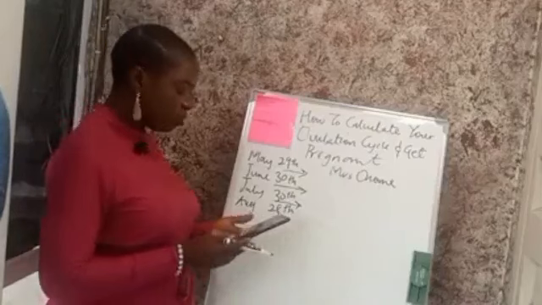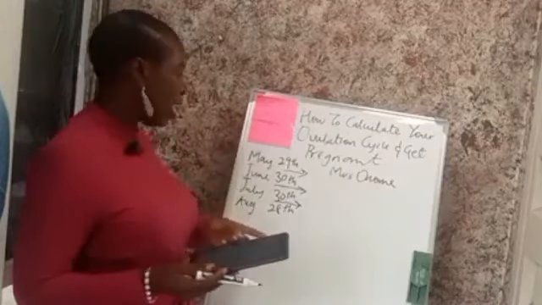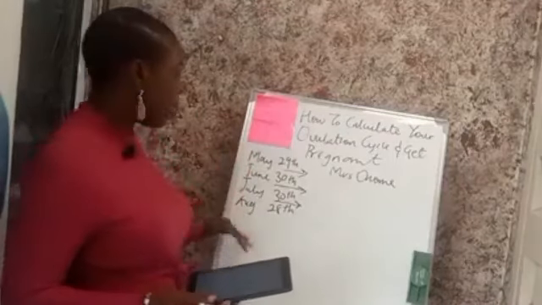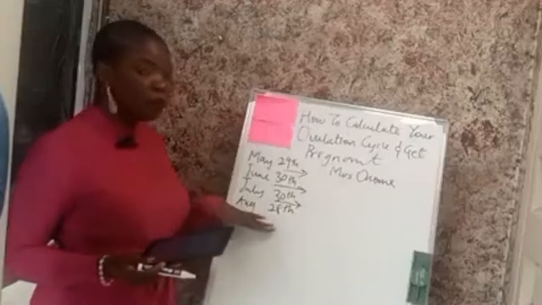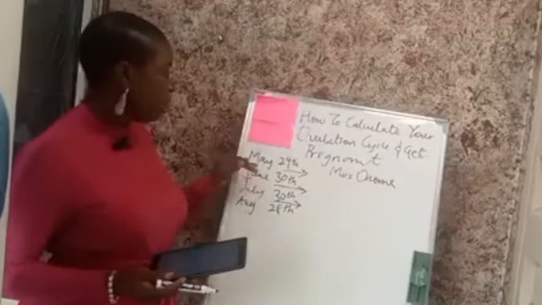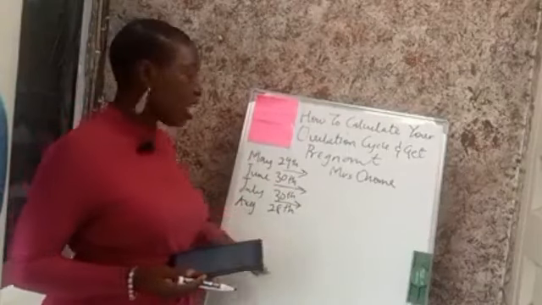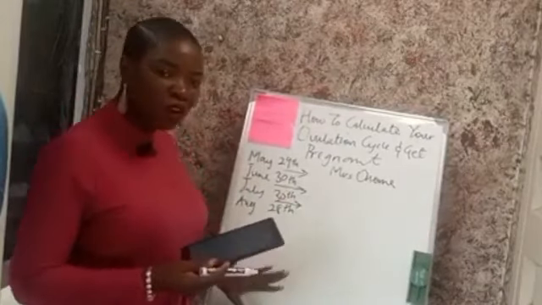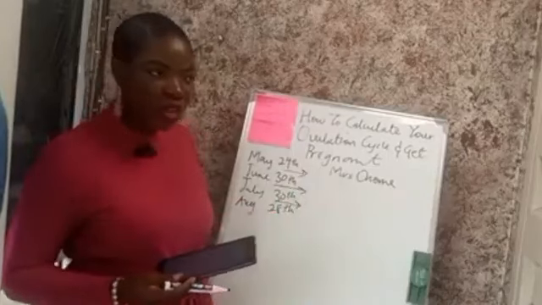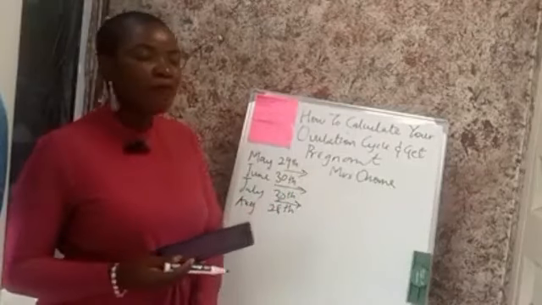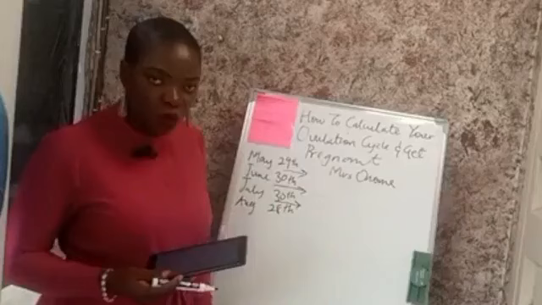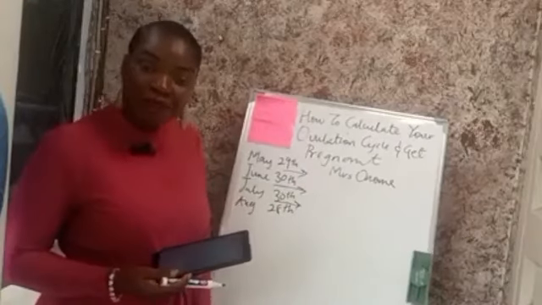So come with me. Like I said, you're going to go to your calendar. If you had your menses come this same way, in the same pattern, May 29th, June 30th, July 30th, August 28th, you will be ovulating the same day with Mrs. Onomen. You have millions of women all around the world ovulating on the same day.